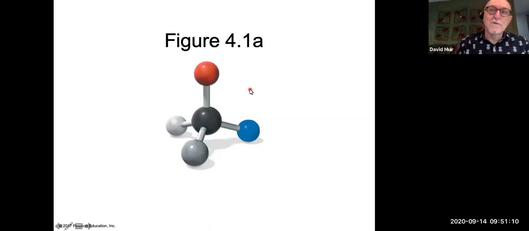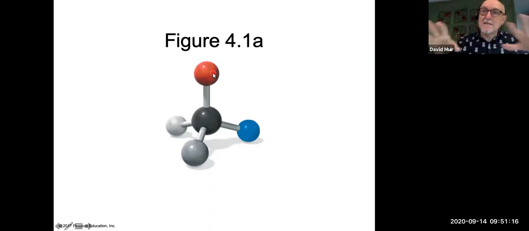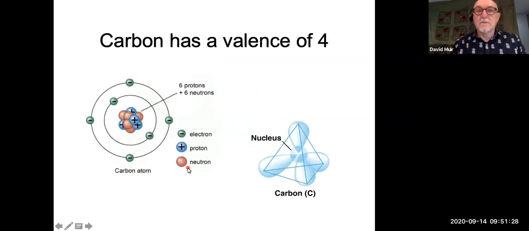It easily forms 4 covalent bonds with other molecules, and they are disposed in space in this kind of tetrahedron like this. And each of these would be available for a covalent bond. So we say that it has a valence of 4.